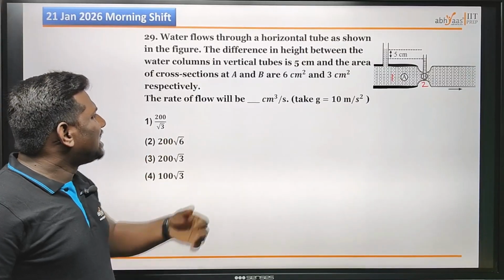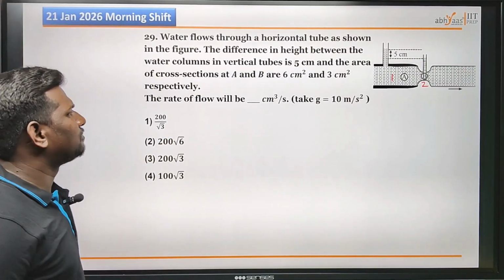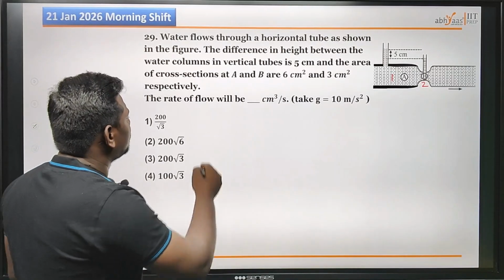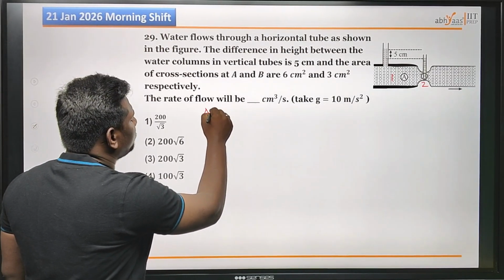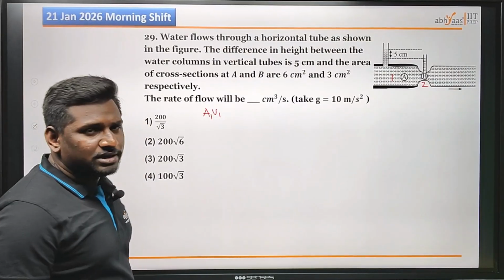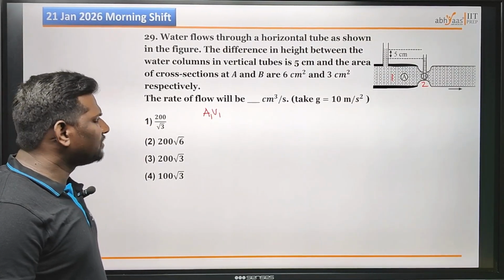What they are asking is the rate of flow. Rate of flow is nothing but A1 V1.